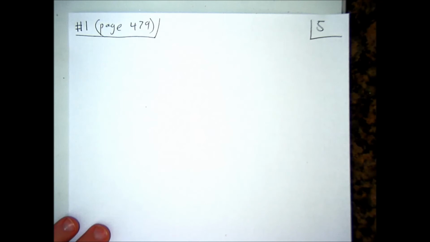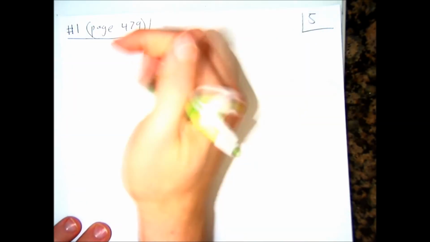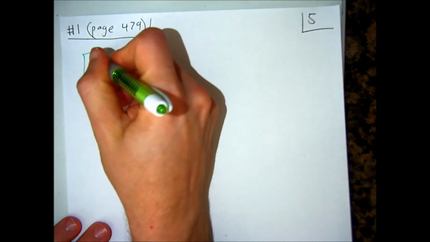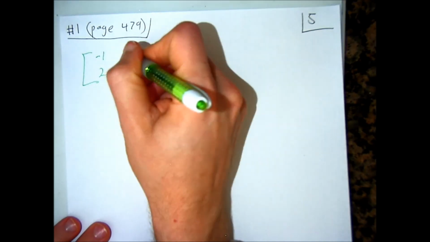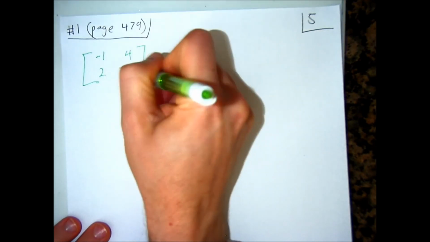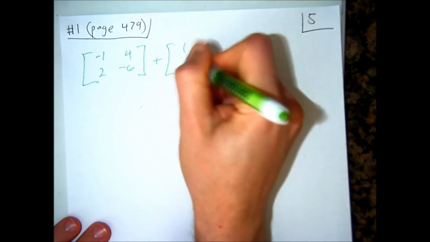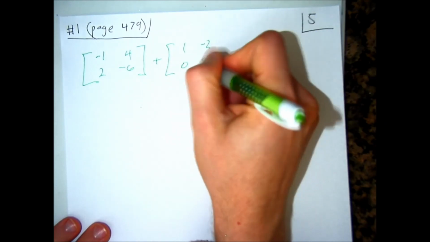You have to learn how to do the 3 basic operations for matrices. So I'm just going to work through some problems from the homework. So number 1, you have to do -1, 2, 4, and -6, plus 1, 0, -2, and 5.